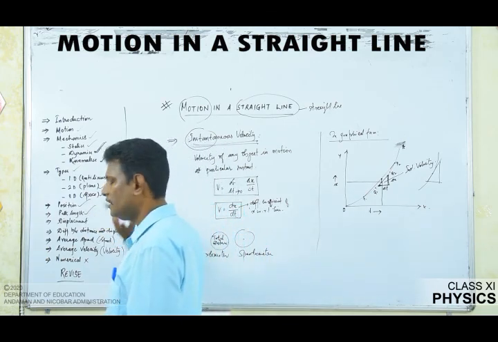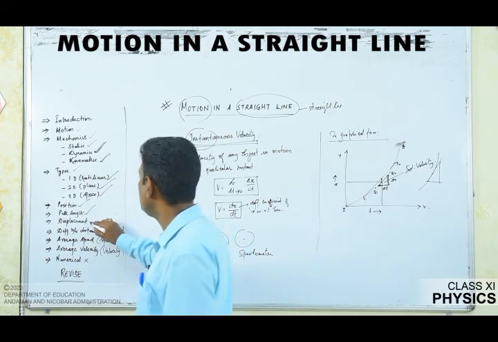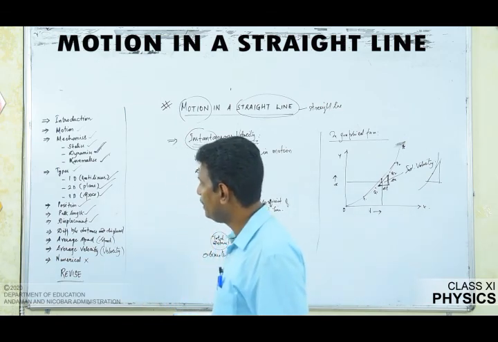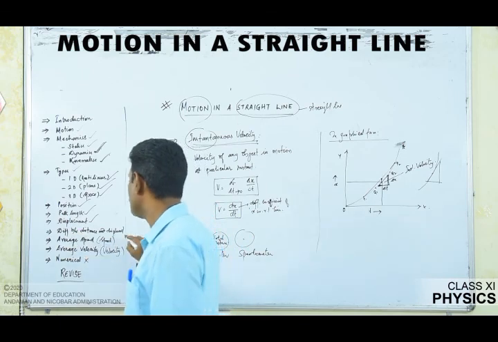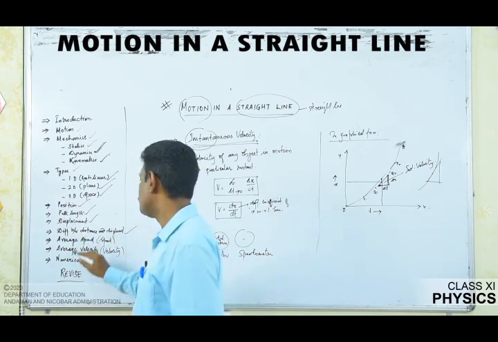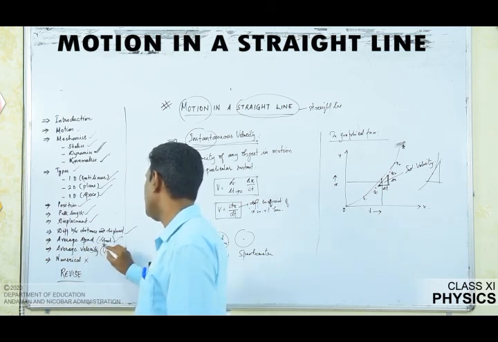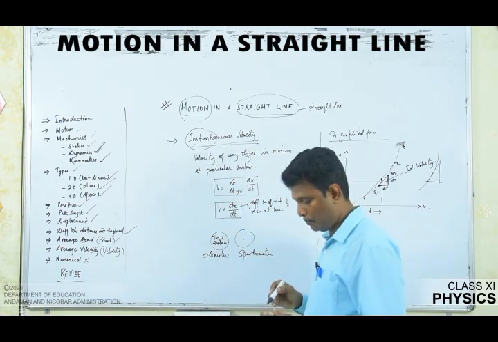Next is path length, the actual path traversed by the body. Displacement, it is the shortest line separation between the initial and the final point, and we have discussed the differences between distance and displacement. We have seen speed, average speed, velocity, average velocity, and finally we have seen instantaneous velocity also.